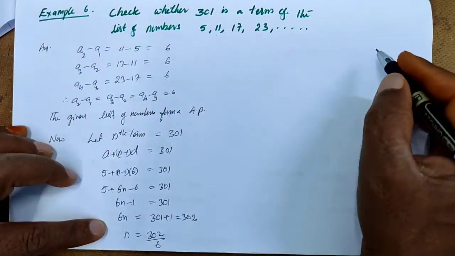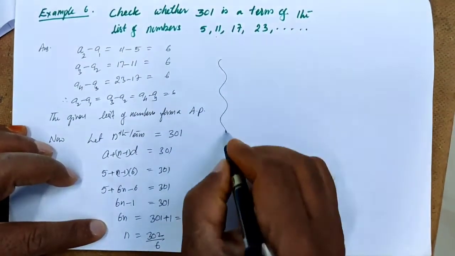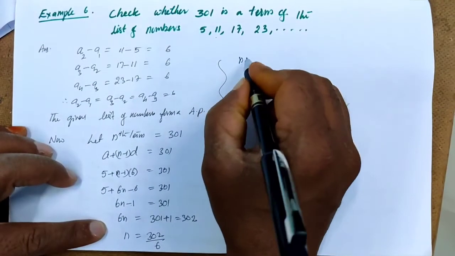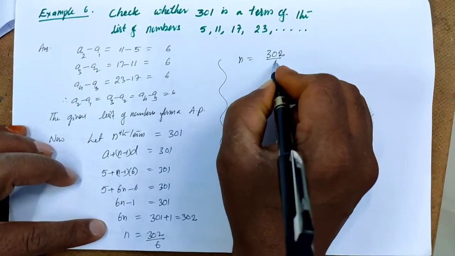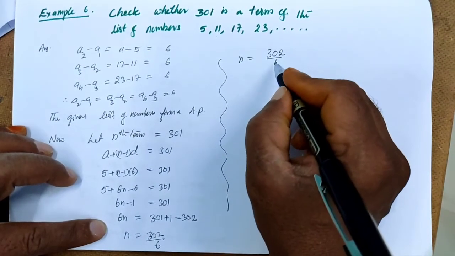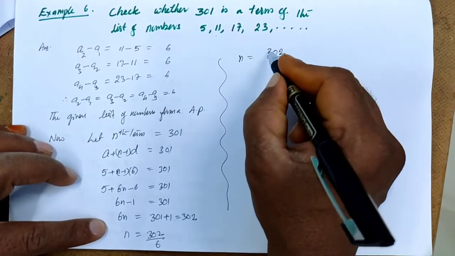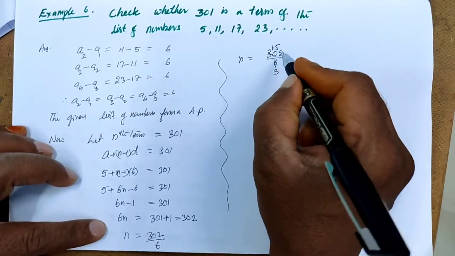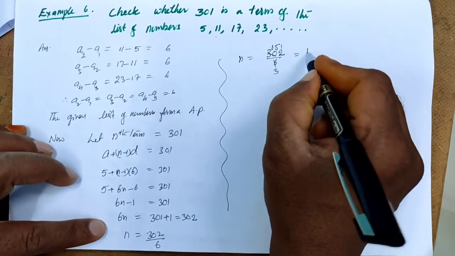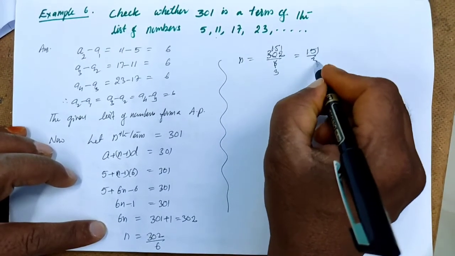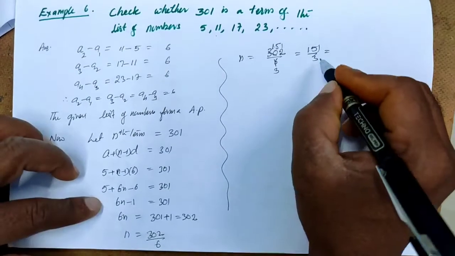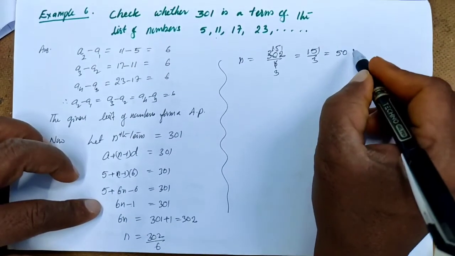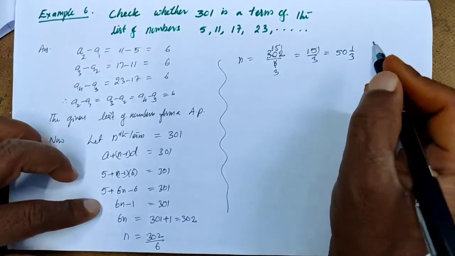So now n is equal to 302 by 6. Now 2 threes are 6, 2 fifteens are 30, and 2 ones are 2. So this is 151 by 3, which is equal to how much? 3 fifties are 150. This is 50 whole 1 by 3.